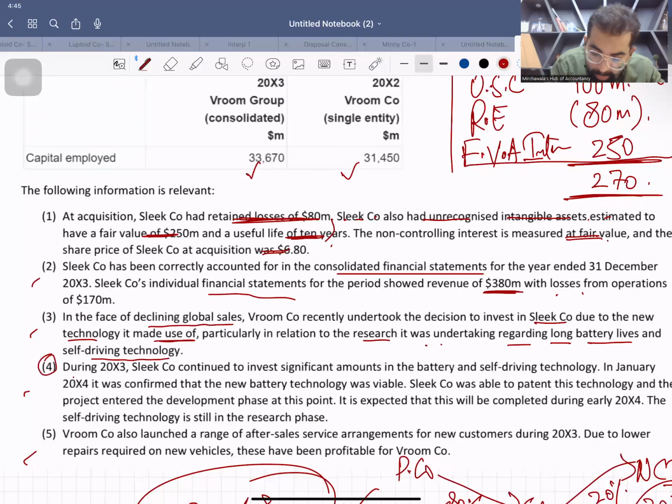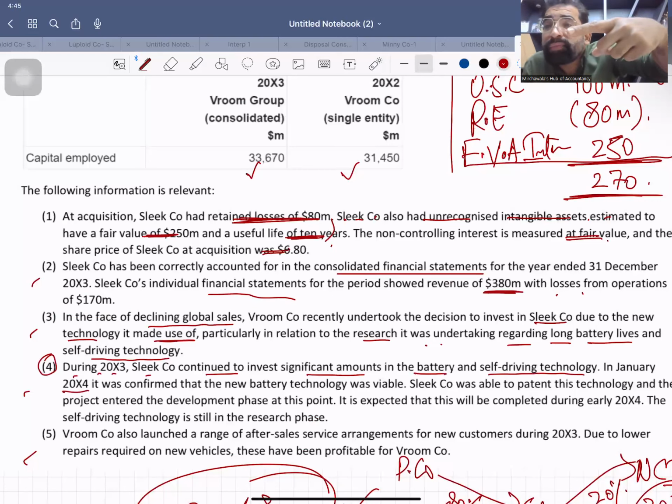Now this is very important. During X3, Sleek company, Sleek means subsidiary, continued to invest significant amounts in the battery and self-driving technology. Now there is a turning point. In January X4, meaning the next month after the end of our accounting period.